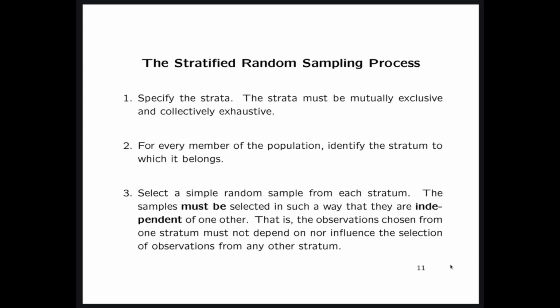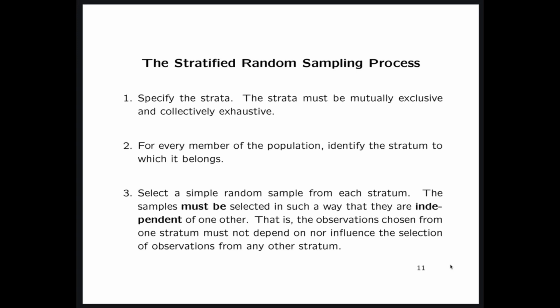So now that we have all that notation and the formulas defined for the various characteristics of the population strata and the population overall, we can talk about the stratified random sampling process in particular. How do we go about selecting a stratified random sample? Well, the first thing we need to do is to make sure that the strata are specified.